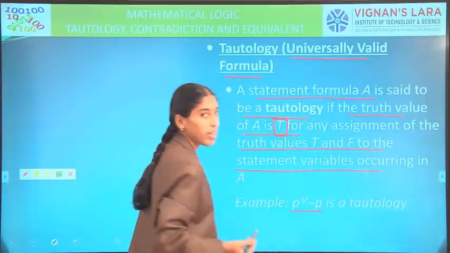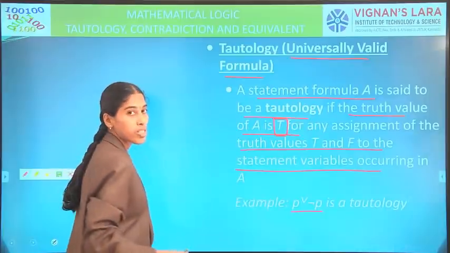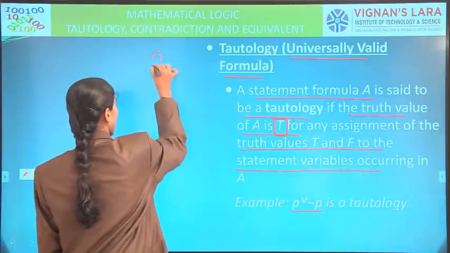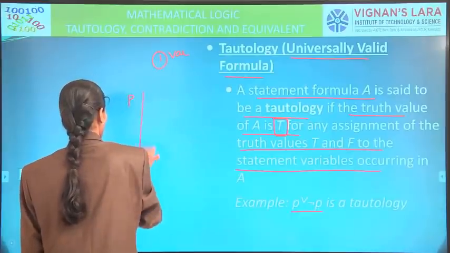An example is: P or negation P is a tautology. How many variables are there? Only one variable is there. So we see the truth table for this one.